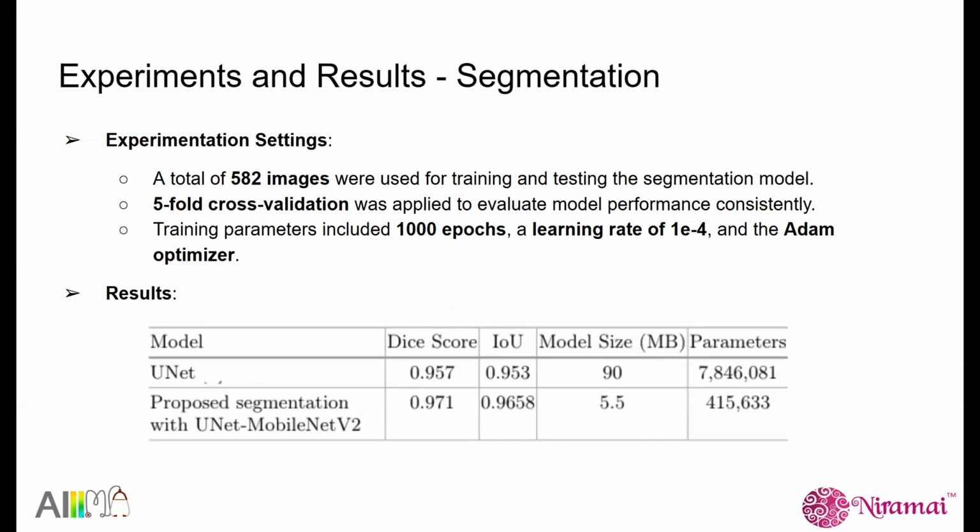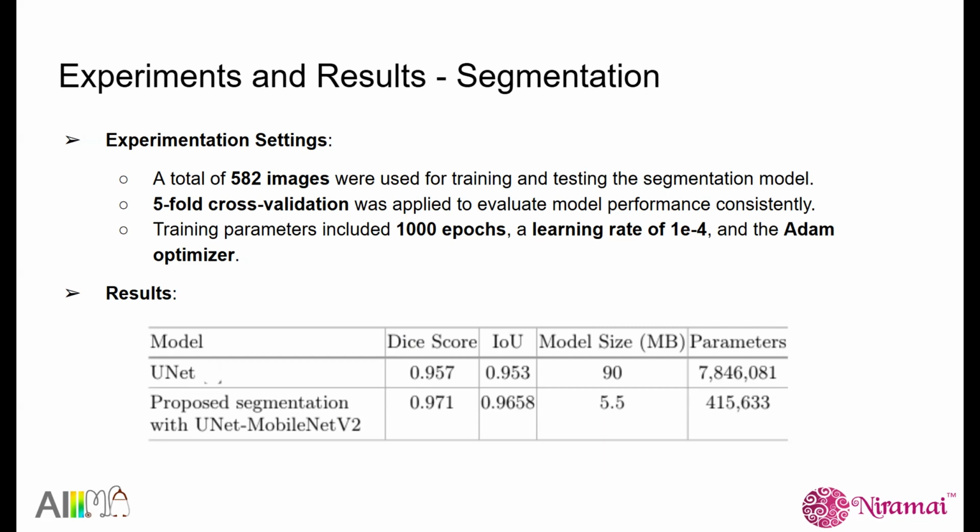So, experiments and results. For the segmentation, we had a total of 582 images overall, combining the STAND-UP dataset, Plantar dataset, and additional images for training and testing the segmentation model. We have employed 5-fold cross-validation in order to evaluate the model performance. And these are the parameters which have been used. Since the dataset is smaller, we have used data augmentation, blurring, flipping, scaling, etc. And we have compared it with the state-of-the-art U-Net, which had a dice score of 0.957.